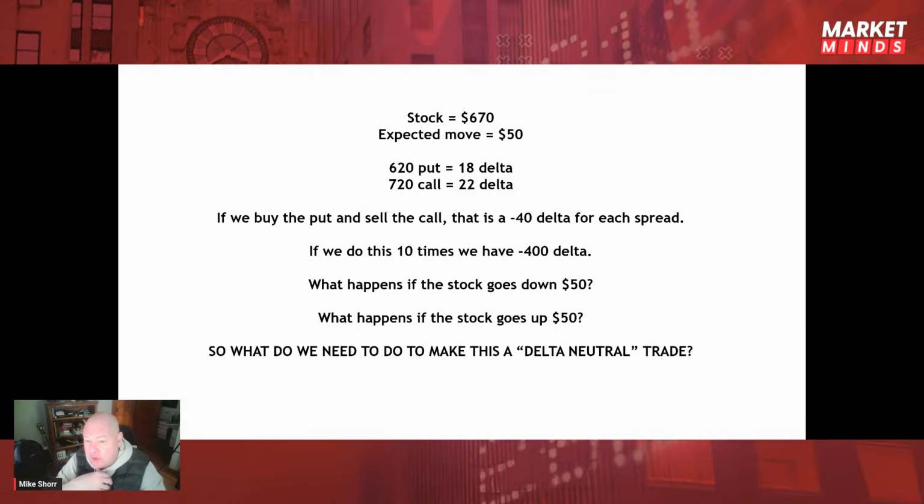We can buy 400 shares of Meta, and then we're at least right here, we are delta neutral. Of course, that position is going to change as far as delta as the underlying moves. We're going to get shorter delta as we go down because of the puts that we're long, and we're going to get shorter delta as the calls that we are short, that delta increases. But right here, it's a 40 delta.